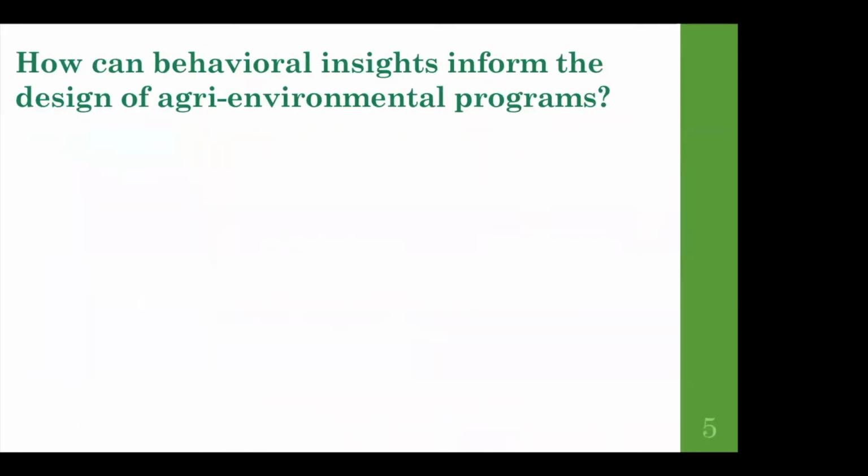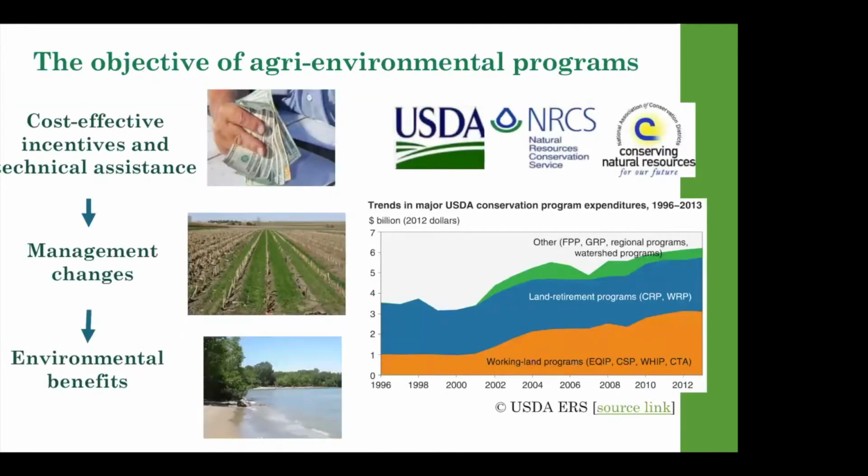All right. So before I give you the punchline and start talking about how I think these insights can be used in agri-environmental program design, I'm going to take a step back just for a moment and make sure we're all on the same page about the type of programs that I'm going to be talking about. Today, I'm going to be really focusing on how we can use these insights to alter voluntary programs, right?